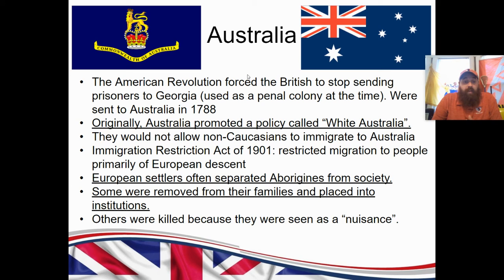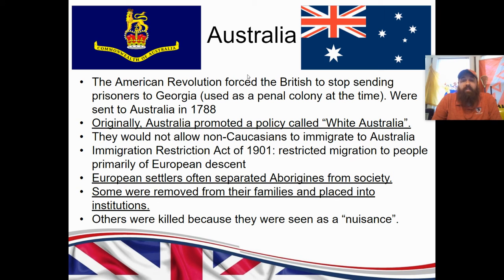So basically they wanted to build Australia as this colony that would be good and British. So they prevented any non-Caucasians from immigrating to Australia, so much so that in 1901 they literally passed a law that said, if you cannot prove that you have European descent, you can't move to Australia.